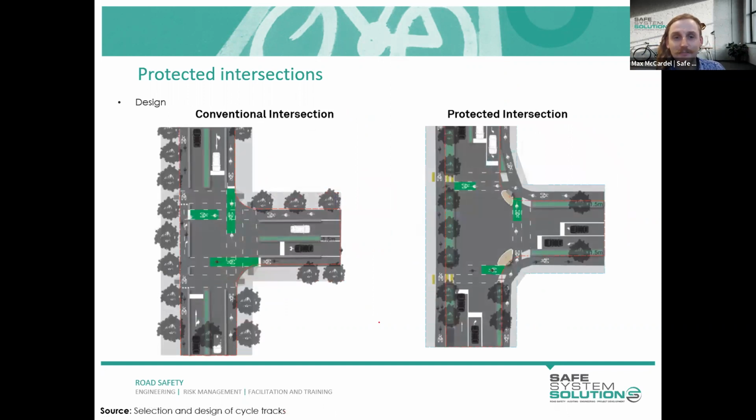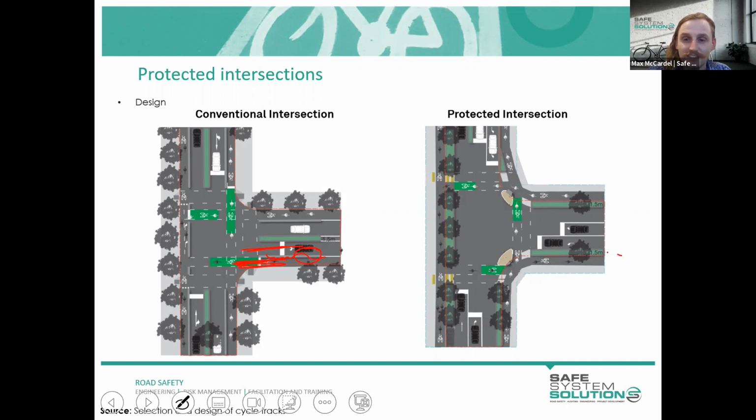Here's just another example, this one is taken from the TMR document, Selection and Design of Cycle Tracks, but a conventional intersection, as you can see, there's the bicycle lane and there's our traffic lane. This one does have a degree of separation, so I wouldn't say that's conventional. That's usually nothing there whatsoever.